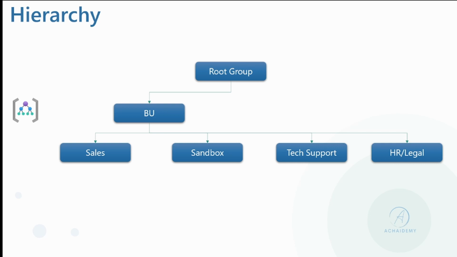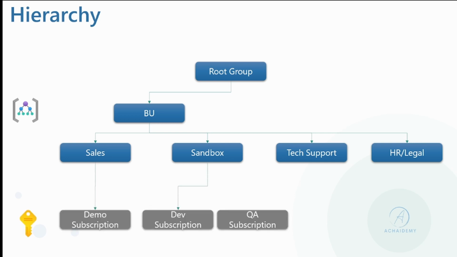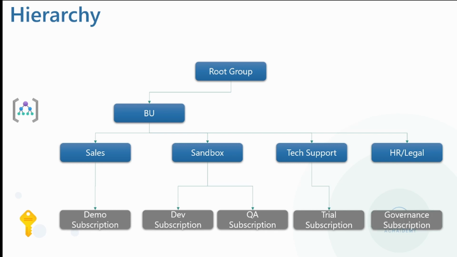So once you have defined these management groups, the subscriptions can now be managed at the team level, wherein I can have a demo subscription, demo product or demo application subscription assigned to the sales. I can have the dev and QA managed by the dev team, the sandbox environment, and the tech support can have their own trial and troubleshooting subscriptions, and so on.